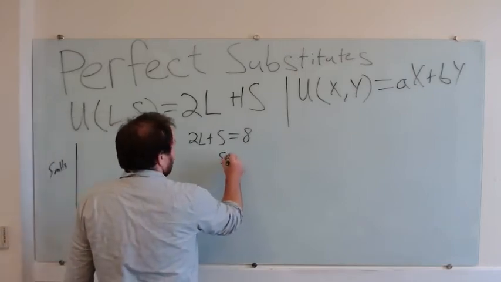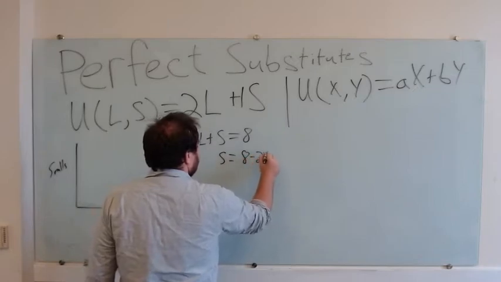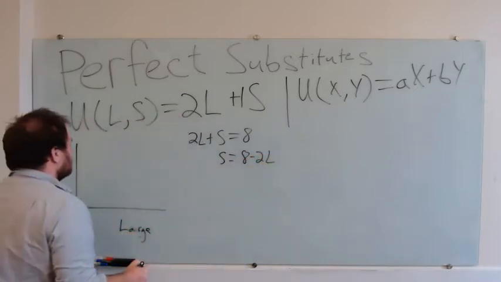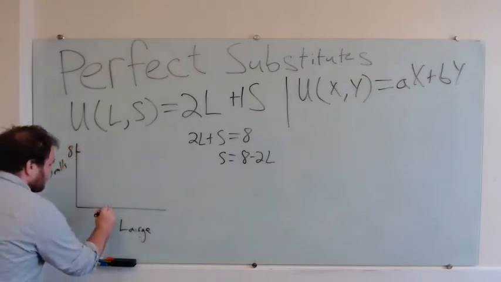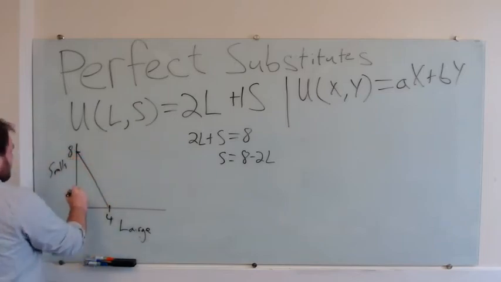So then, of course, we would say S equals 8 minus 2L, which is just the equation for a line. So what's our indifference curve going to look like? Well, it's going to have a vertical intercept of 8. It's going to have a horizontal intercept of 4. And it's just going to be a straight downward sloping line.